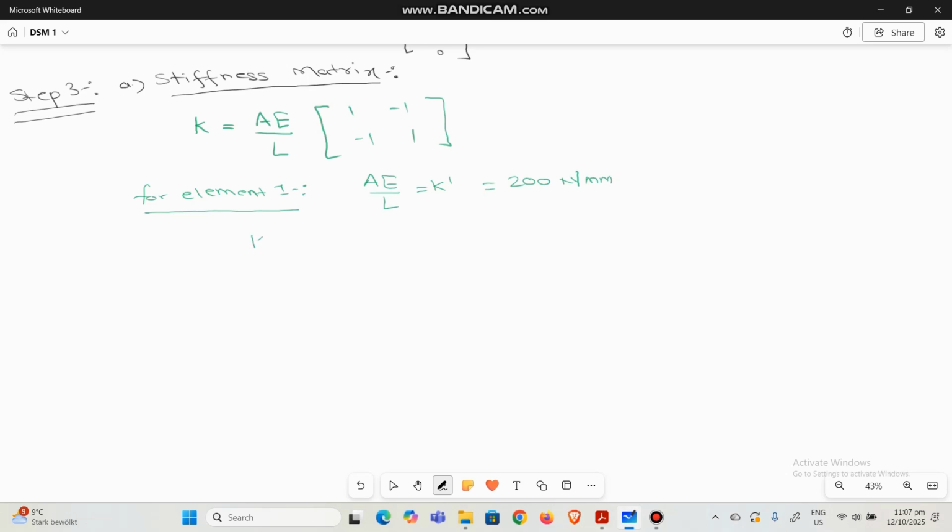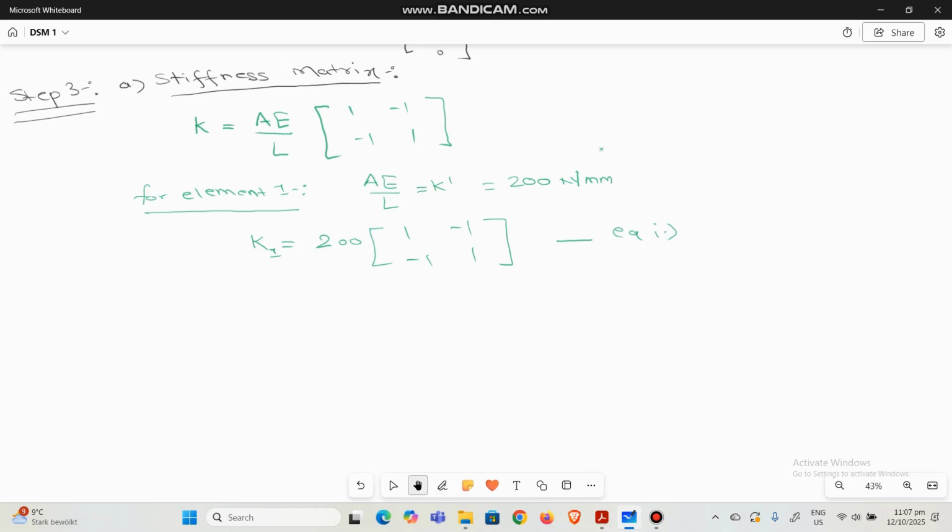So we just say K1 equals, this is for element 1, so let's write 1, the value of AE by L is 200, and then we have 1, -1, -1 and 1, right? Let's say this is equation number 1.